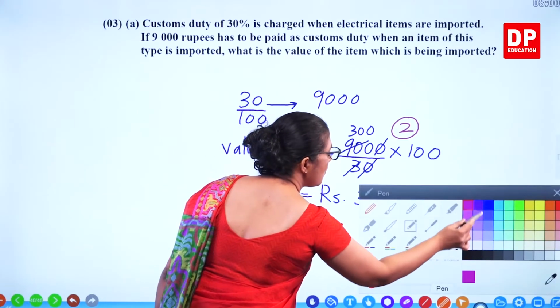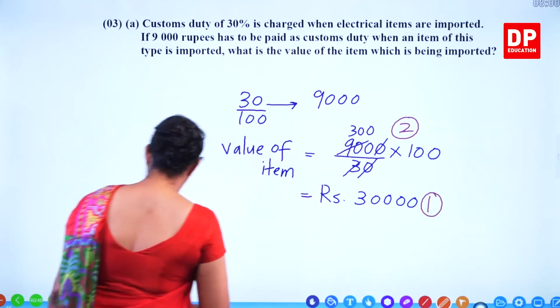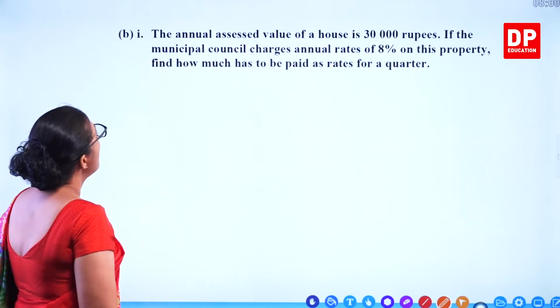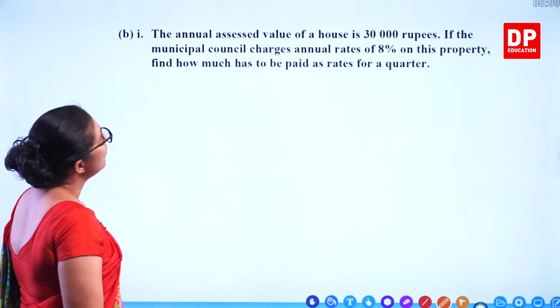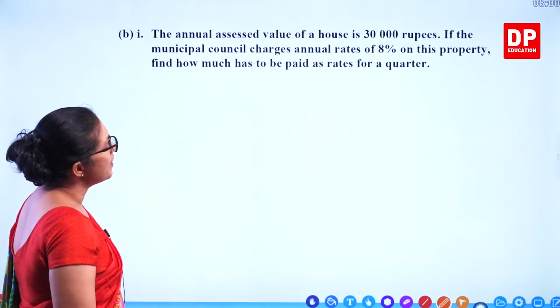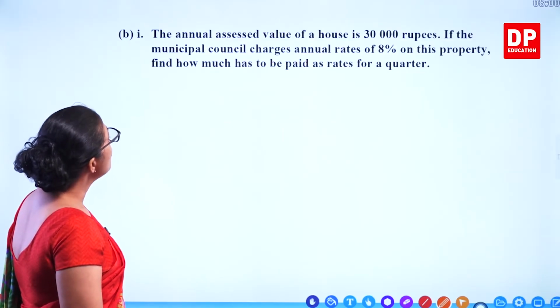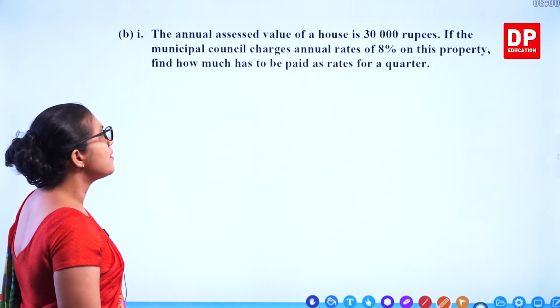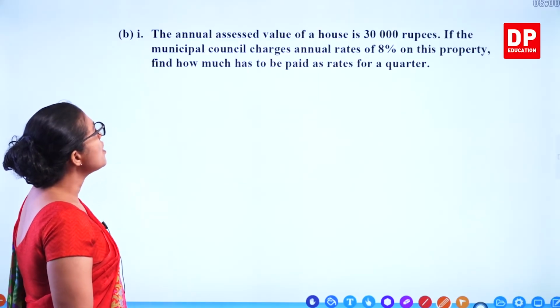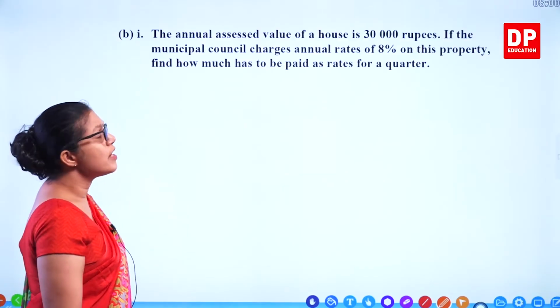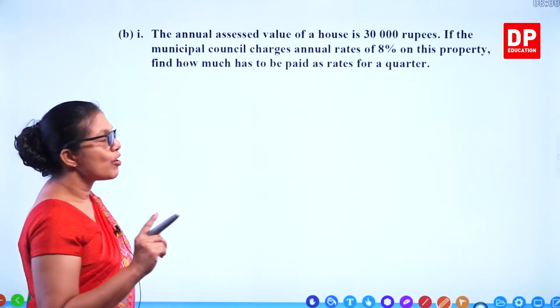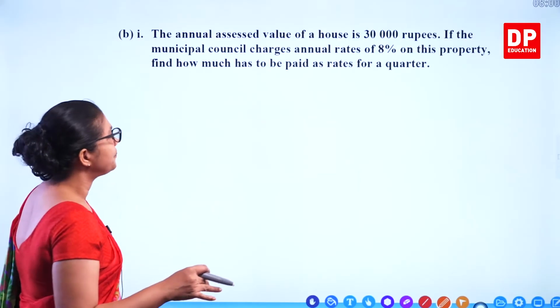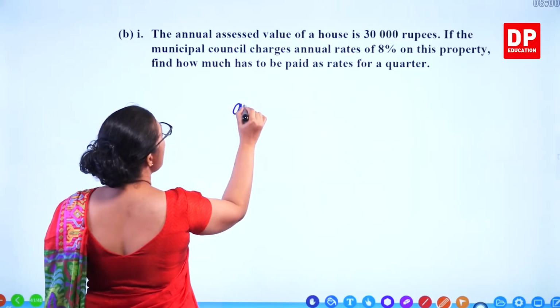We'll take the second one. The annual assessed value of a house is 30,000 rupees. If the municipal council charges annual rates 8% on this property, find how much has to be paid as rates for a quarter. Quarter means 1/4 of its value. First, what's the annual value?